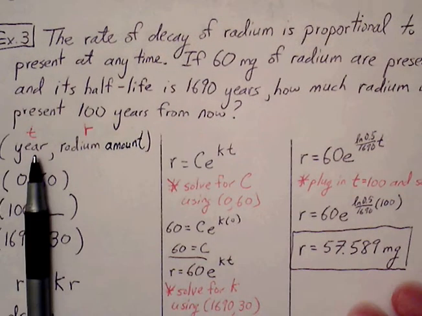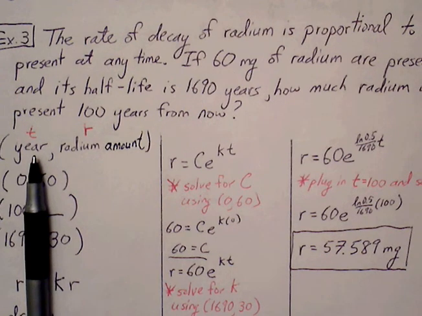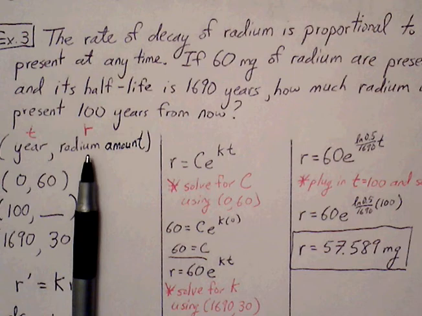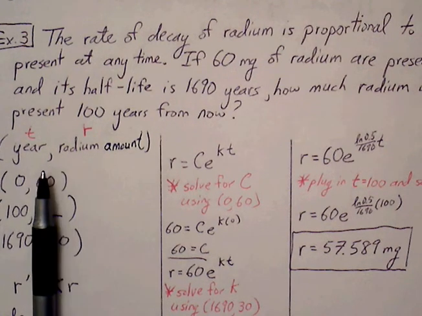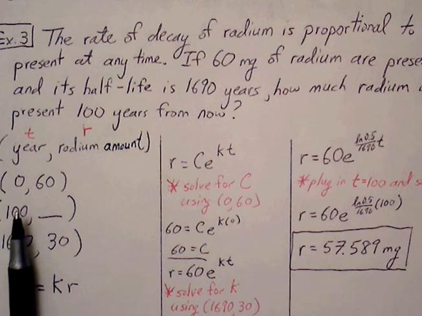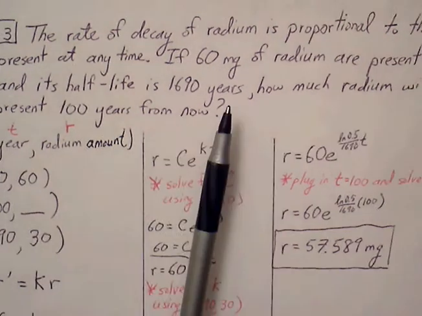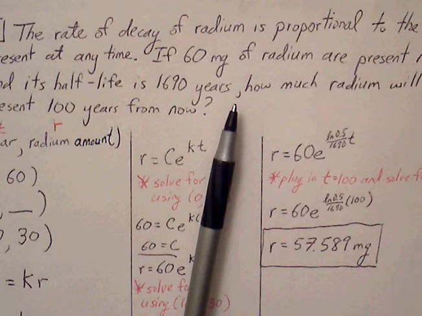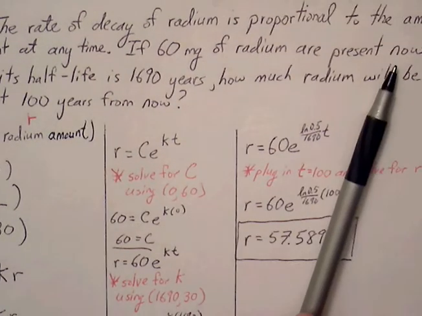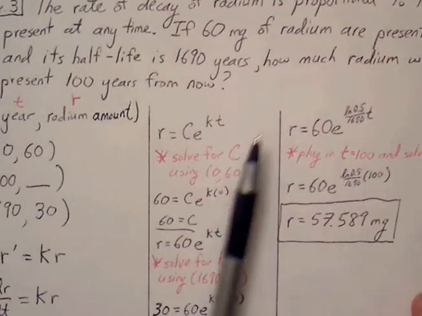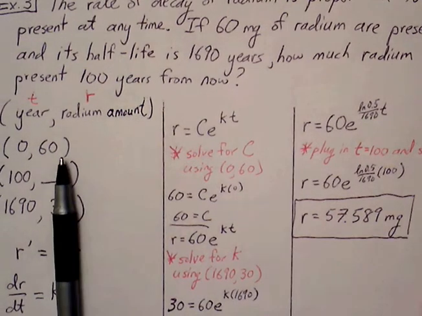I know that time, represented by year, will be my independent variable, and radium amount is my dependent variable. So I know that 60 grams of radium is present now. So we're going to let now represent t equals 0. So 0 comma 60.